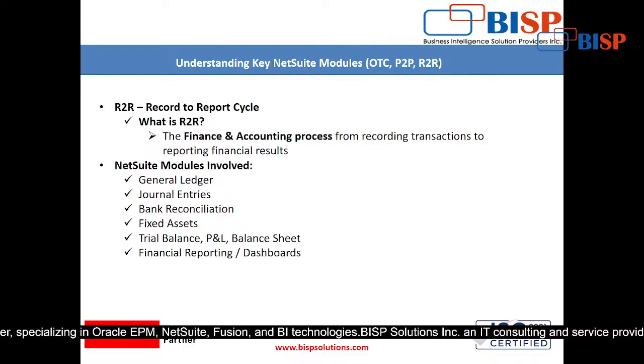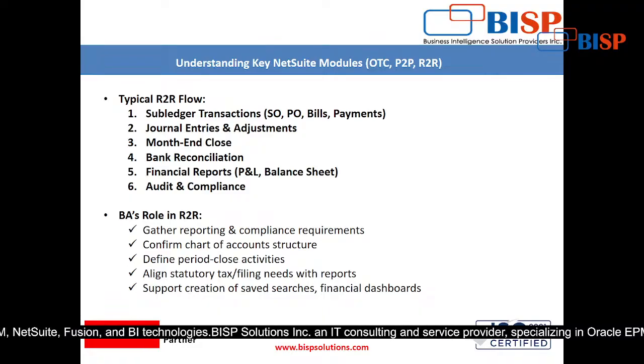given in NetSuite. Okay, now the question arises, what is the role of BA? Now see here, typical R2R. First of all, before that we will see the typical R2R flow. Sub-ledger transactions, right? As soon as the sales order, purchase order, bills, and payments are done, journal entries are automatically created in the background.